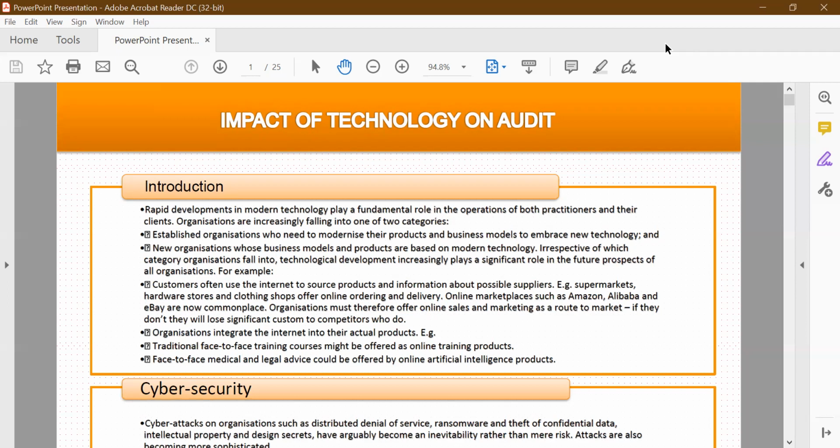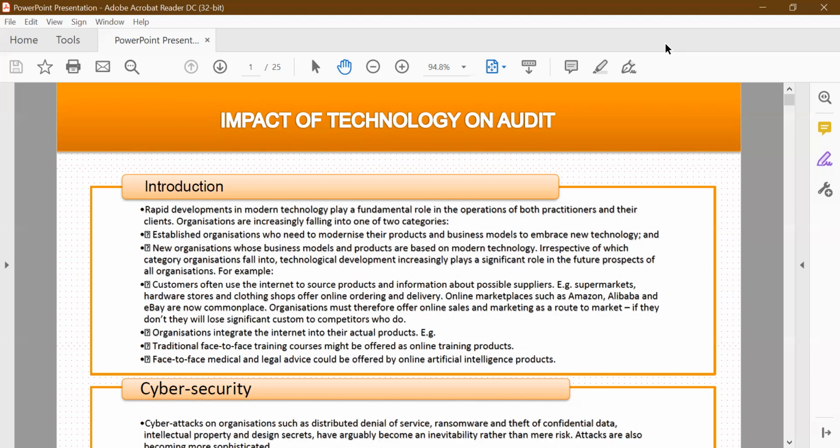We have established or mature organizations, and they need to modernize their products and business models to embrace new technology.